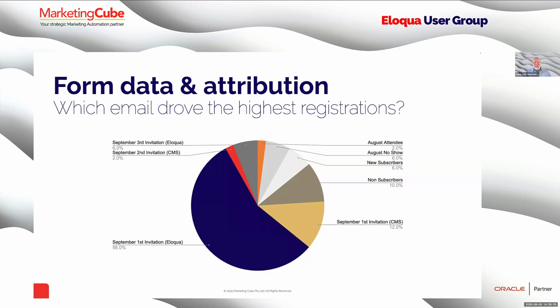Now, all of that information comes from the form, and there's a configuration that you can set up within Eloqua, and there's a few ways you can do it. The way I choose to do it is that we take the name of the email and add it to a hidden field. This all happens automatically. I don't do it. It was done years ago. It just happens now every time we do a form submit within Marketing Cube.